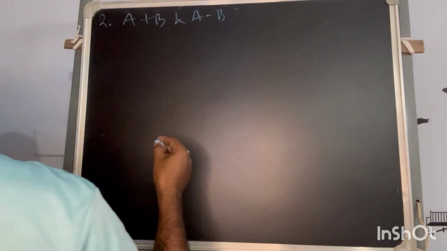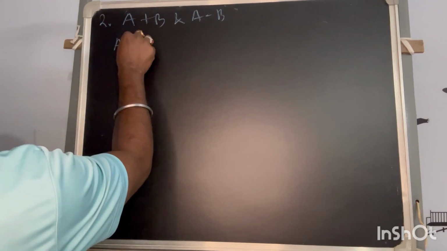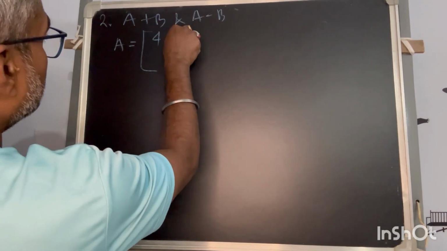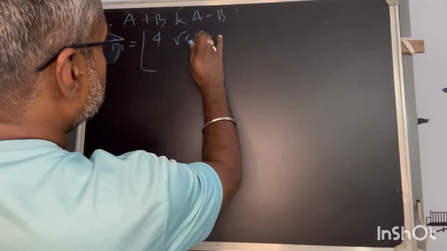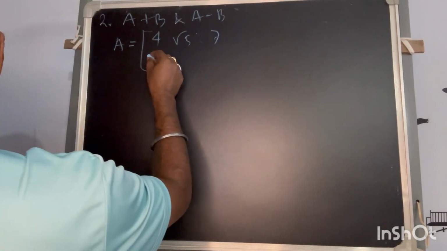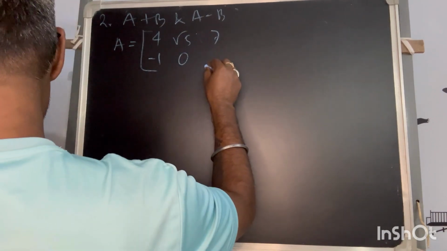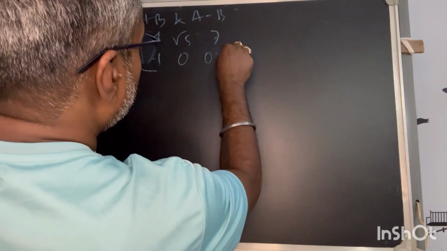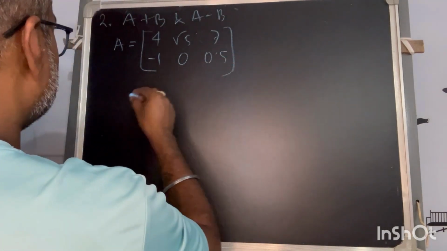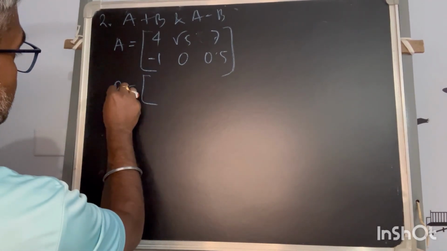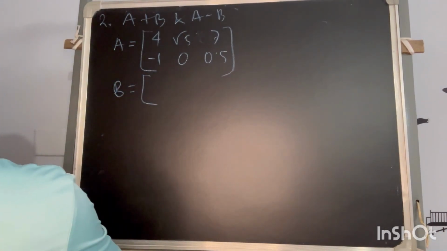The matrices are A is equal to 4, root 5. I am going very easy. Anybody can do this once. This is just for revising your theory part. I am moving with the simpler ones so that you can easily recapitulate your theory.